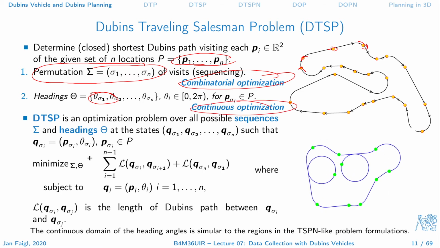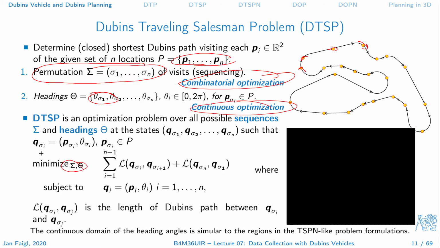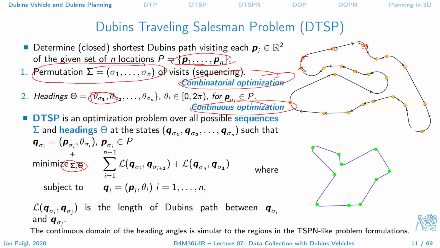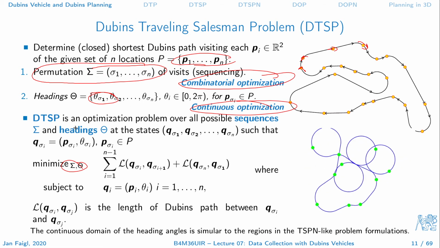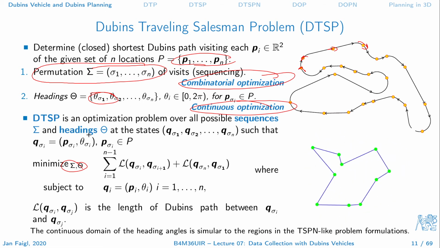So we can put it together. So we are optimizing the sequence and also enumerating all possible permutations, and also enumerating all possible assignments of the headings.